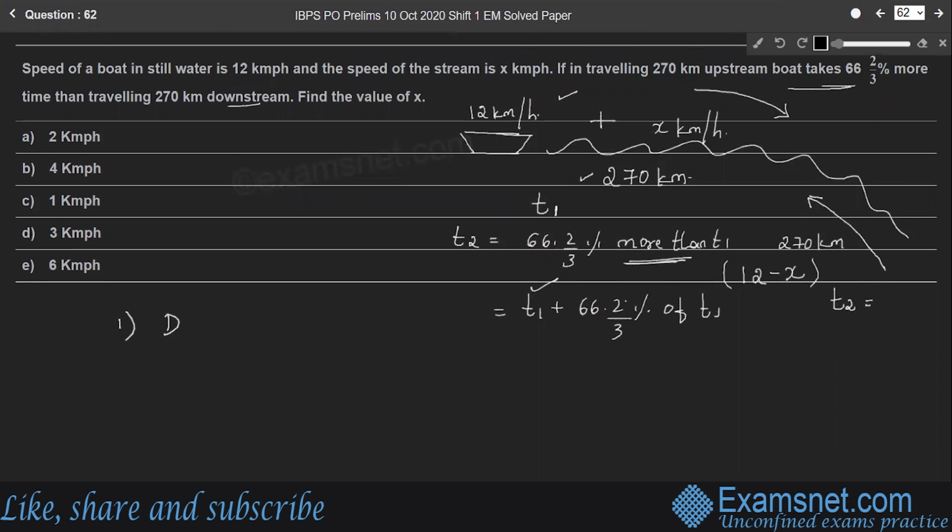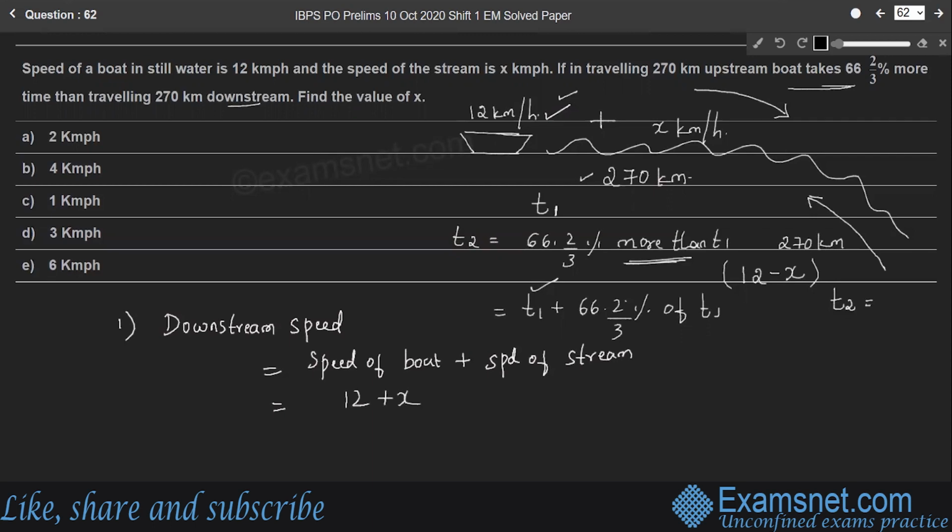The downstream speed is nothing but the speed of the boat in still water plus the speed of the stream, which is 12 plus x.